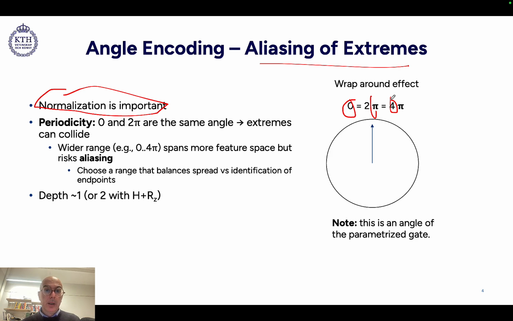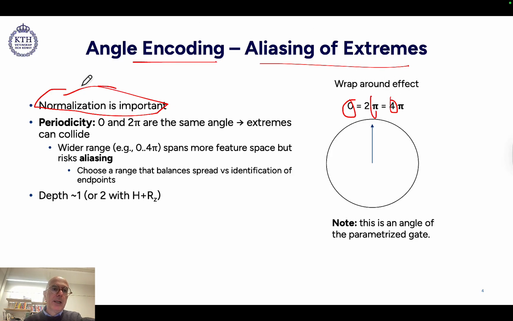to the same state. So we can have a wider range, for instance, from 0 to 4 pi, but this will span more feature space, with the risk of aliasing. That means that different values will be mapped exactly to the same quantum state. So that's a typical problem of this encoding.